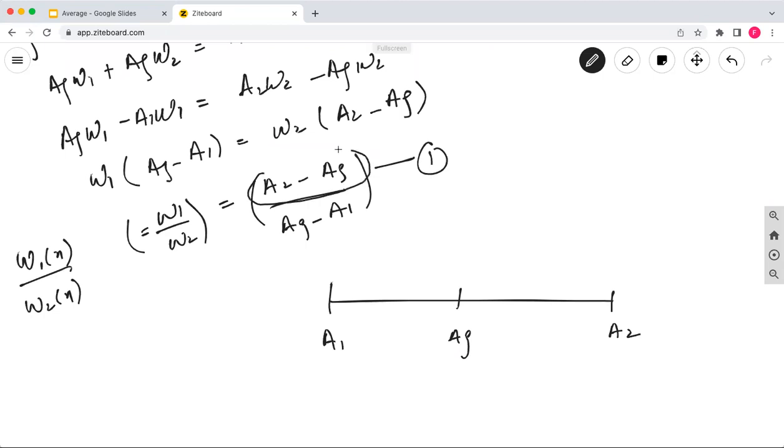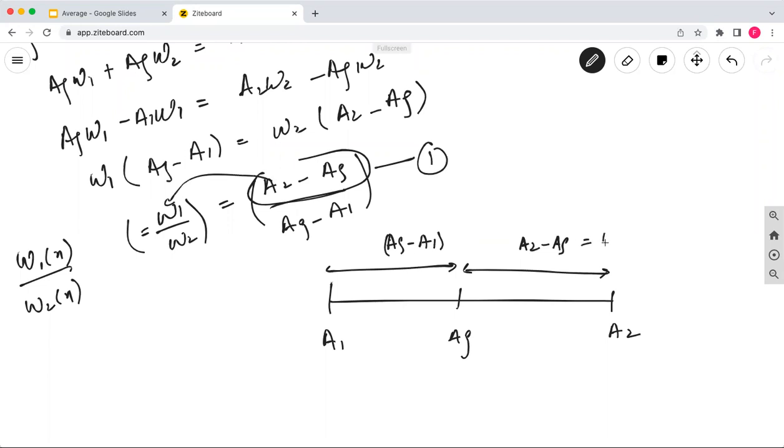And this thing is actually A2 minus AG, and this thing is AG minus A1. And as per the formula, this will be equal to W1 and this will be equal to W2. But in actual, these are ratios.